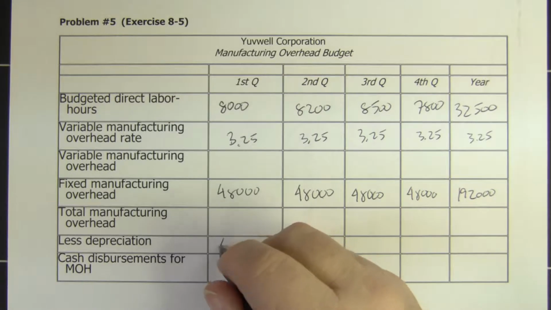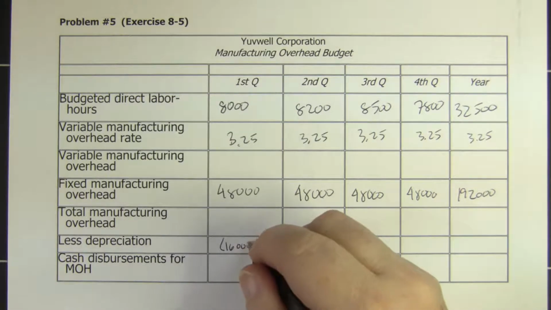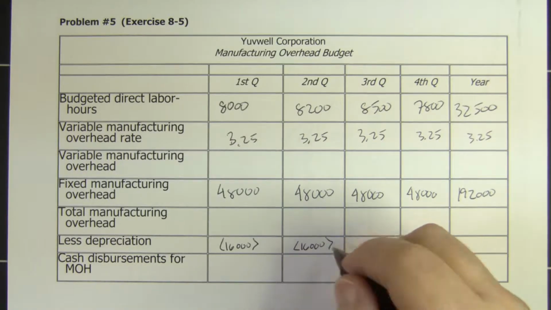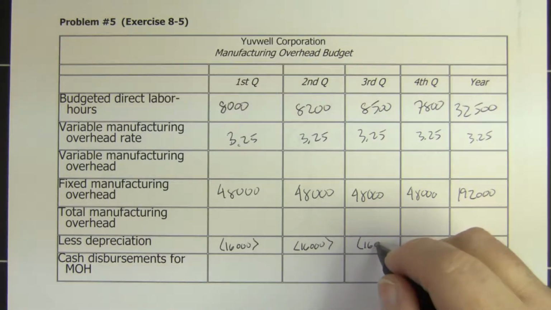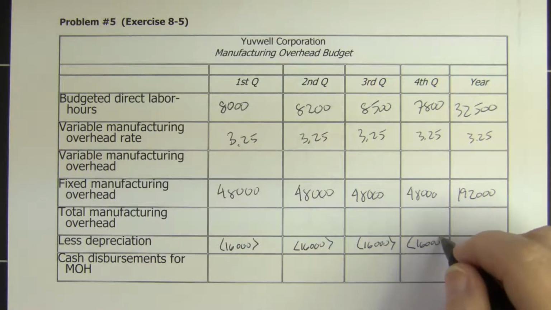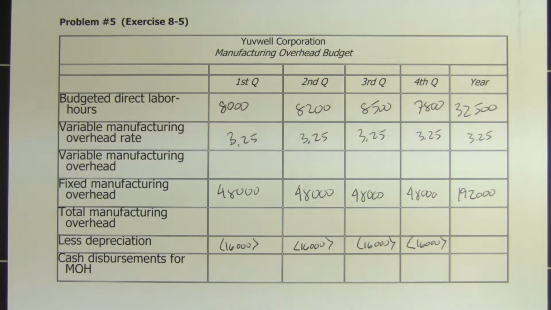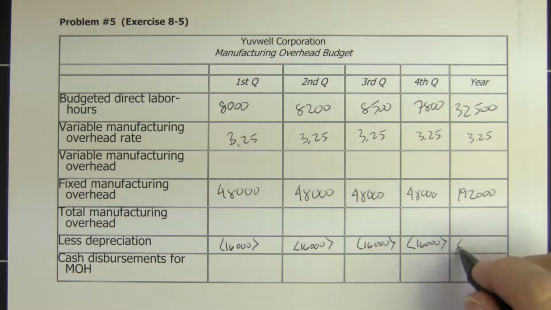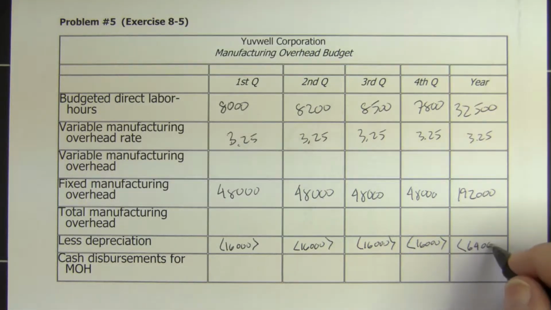So we're going to subtract that from whatever we get up there, because we know we're not going to have to spend cash for depreciation. And I can do that in my head too. 16 and 16 is 32, 48, 64. Apparently the brown acid of Woodstock wasn't as bad as they said. Okay, now we've knocked a big chunk out of this.